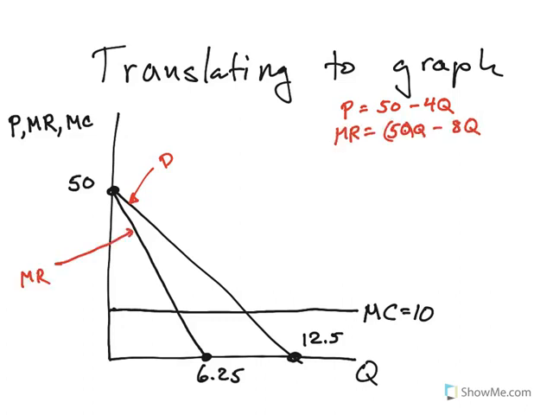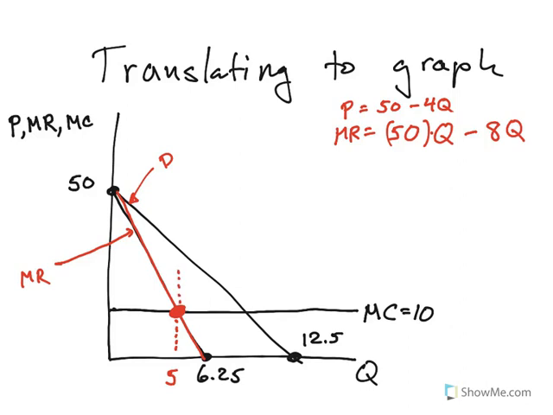And the marginal revenue, 50 minus 8Q, and let's do this in red. So there we've got the marginal revenue curve, and the optimum quantity is 5. It's where this intersection occurs.